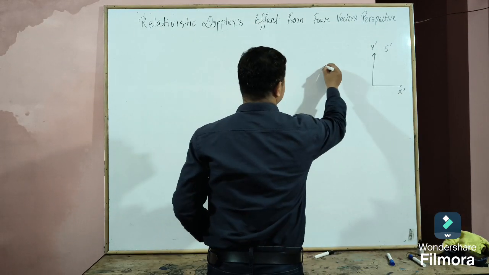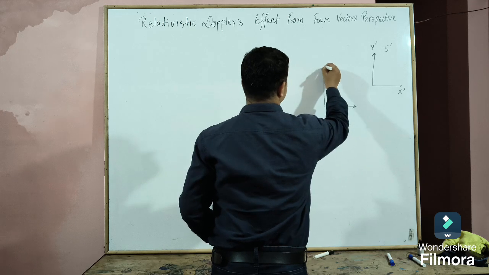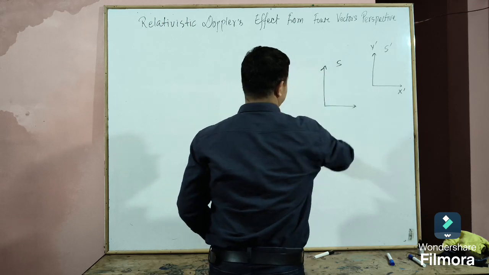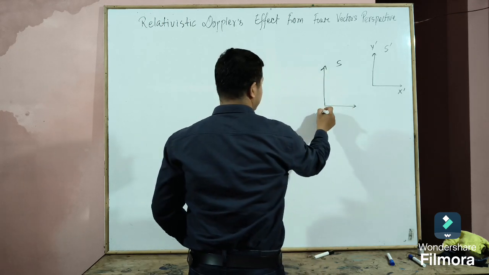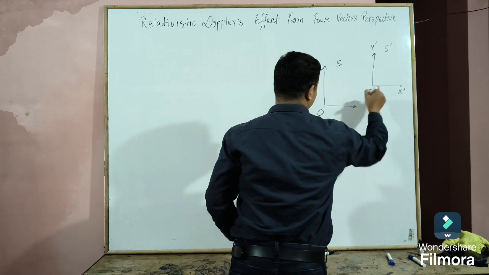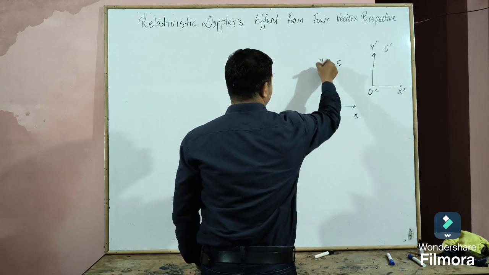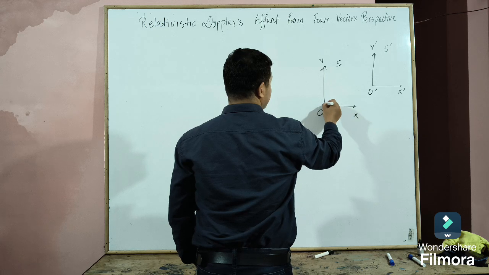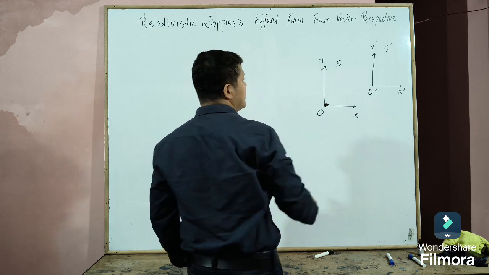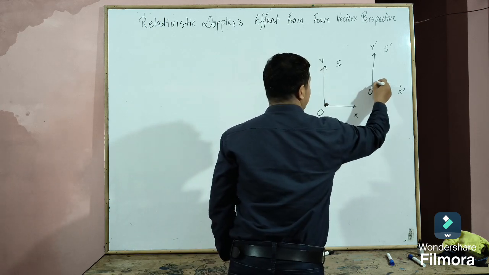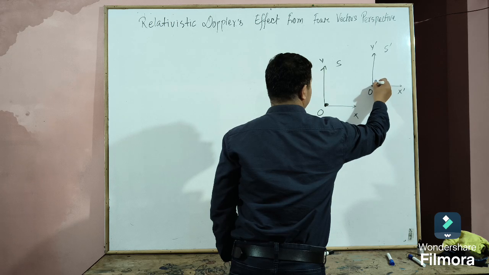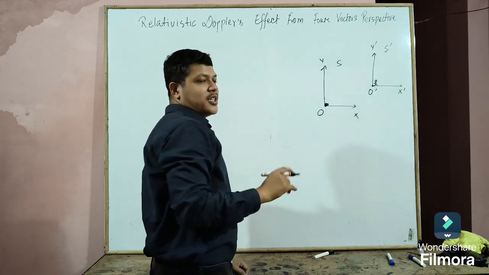One frame is the frame S, this is the frame S dash, and this is origin O. Here is the origin O dash. Suppose we have a source of light here, and here at O dash we have an observer.